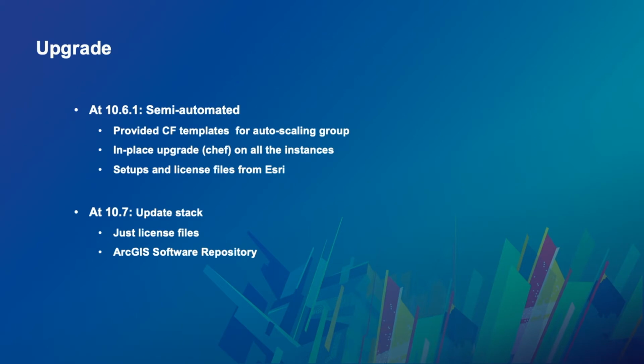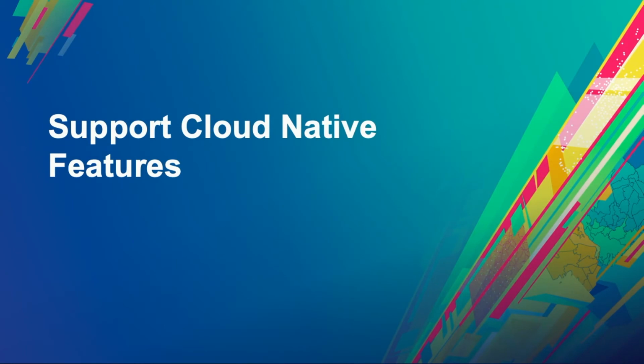So we set up a global ArcGIS software repository. At 10.7, it's only accessible when you are on Amazon, so you don't need to worry about that part anymore. When you upgrade, we know which software to take and which software to apply for the upgrade. That's what we have for the deployment.